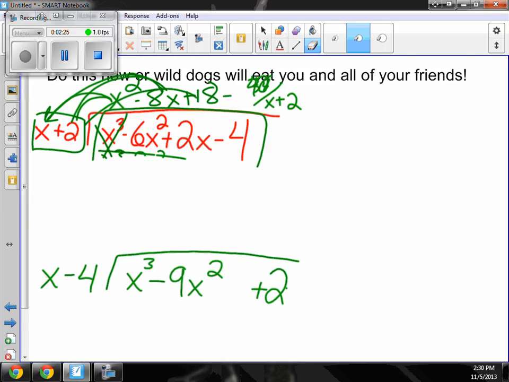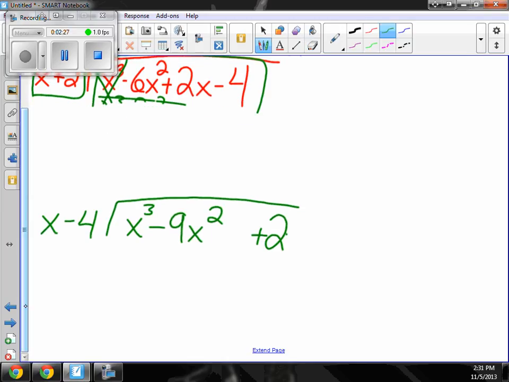So for the second one, we're missing an x term, so I need to put in a placeholder, 0. So x goes in here, x squared, which is going to give me x to the third minus 4x. Subtract. Those cancel. I get negative 5x.